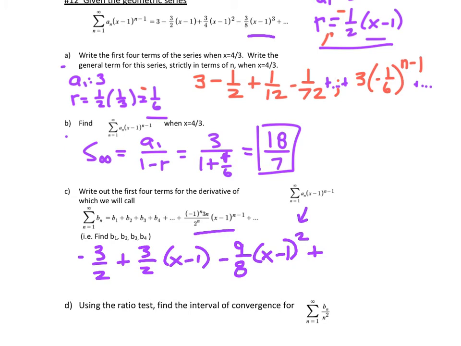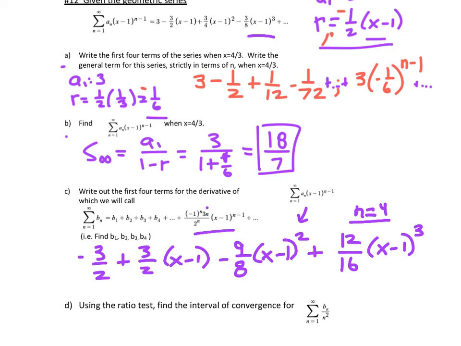So I'm going to plug in 4 for this term here. If I do that, I'm going to get a positive, and then that would be a 12. So I'm plugging in right here. And then 2 to the 4th would be a 16. I'm not even going to simplify that. (x minus 1), with n minus 1 being 3. So there's my first 4 terms, namely my b1, b2, b3, b4.